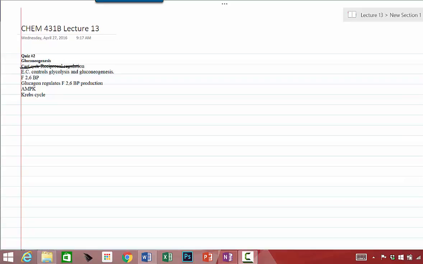All right, so let's talk about these 3 bypasses. I'll go through the reaction mechanisms. Bypass number 1: pyruvate going to phosphoenolpyruvate.